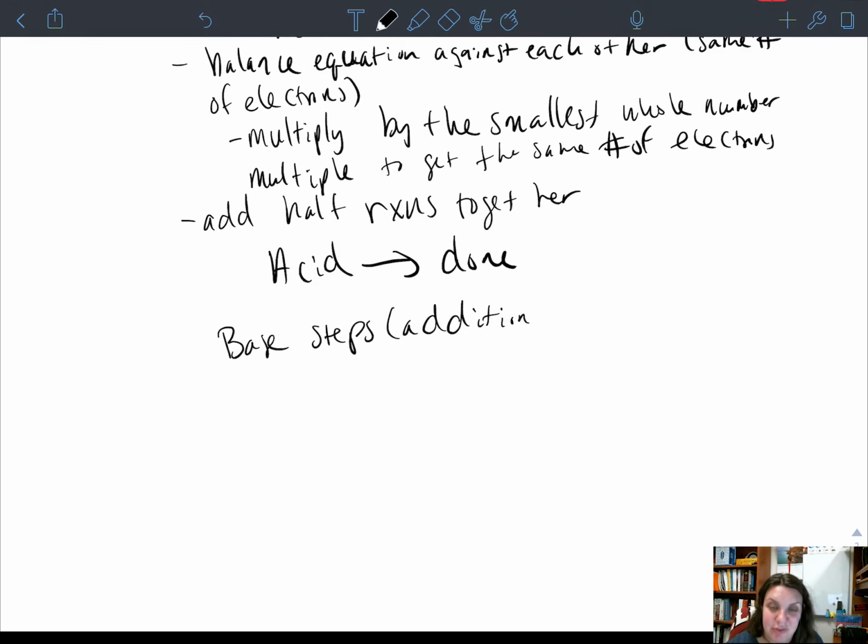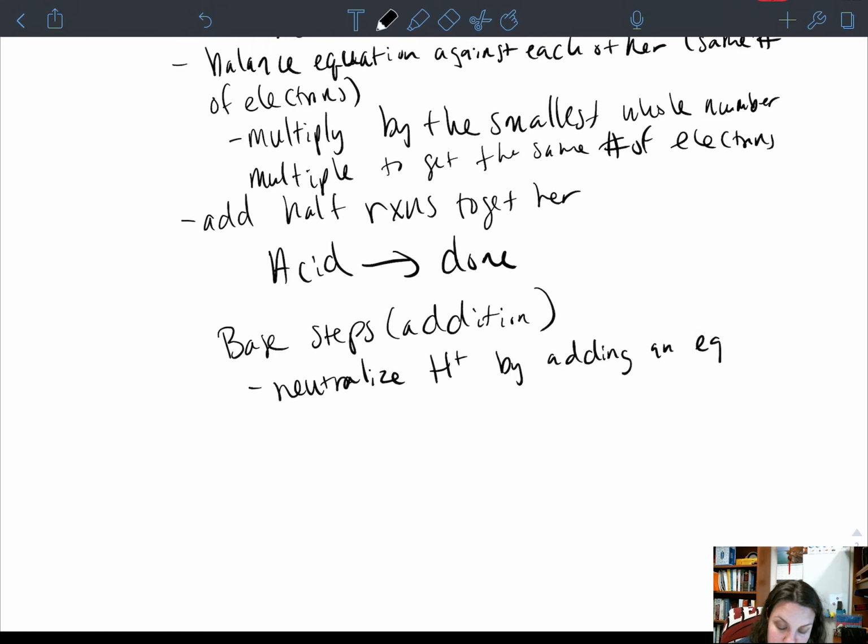You are in base, there is going to be no protons, so you need to get rid of the protons by neutralizing them. So we're going to neutralize H plus by adding an equivalent amount of OH minus.